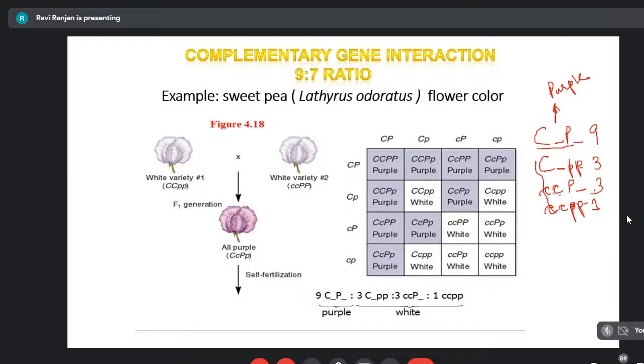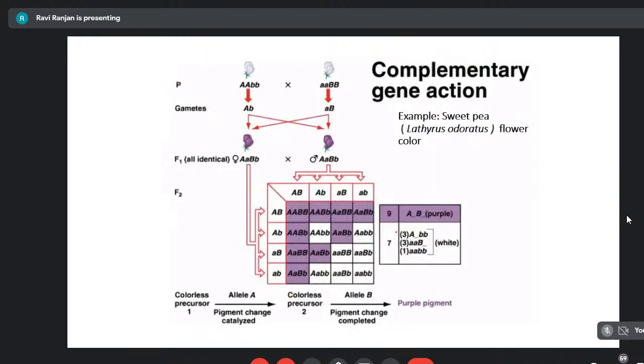So these 3 plus 3 plus 1, that is 7 of them, will be white, and 9 will be purple. So whenever you go for a dihybrid cross for complementary genes, instead of the 9:3:3:1 ratio, you usually get 9 purple to 7 white.